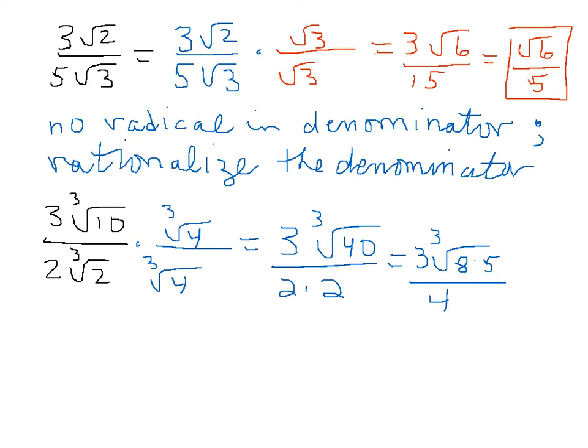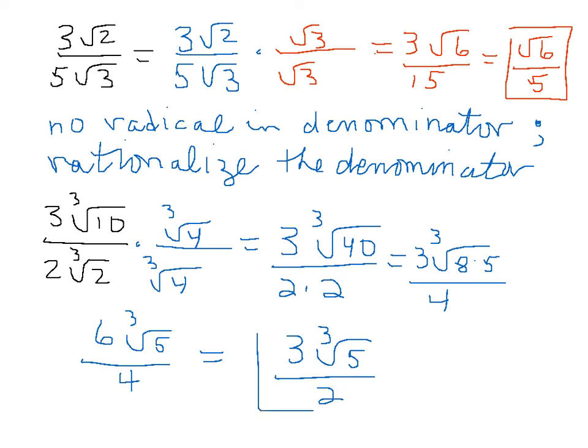The cube root of 8 is 2, so I get 6 times the cube root of 5 over 4, which is finally simplified as 3 times the cube root of 5 over 2. Right? So this time it was a little bit trickier what I had to multiply by. So make sure that you understand how that is before we go on.